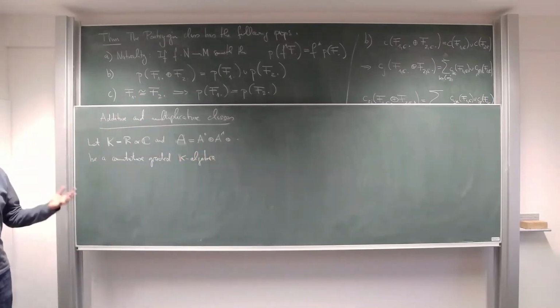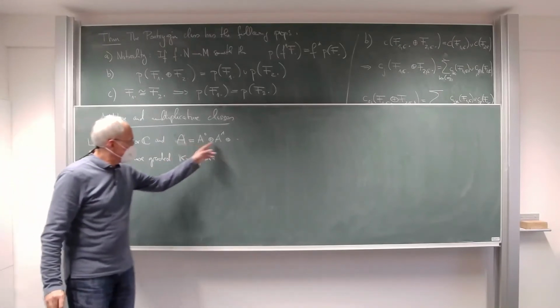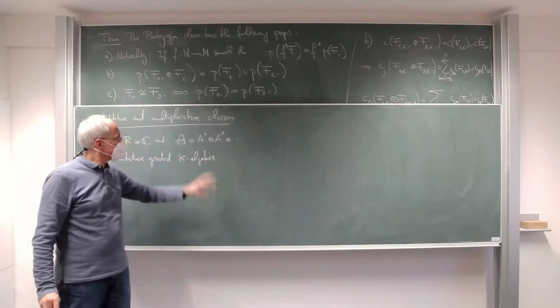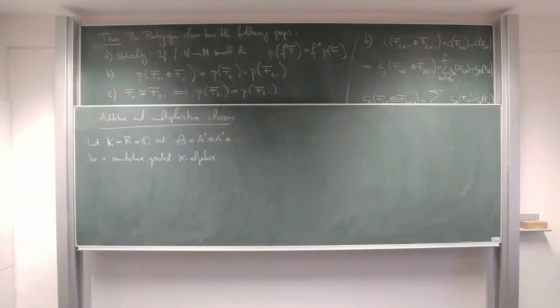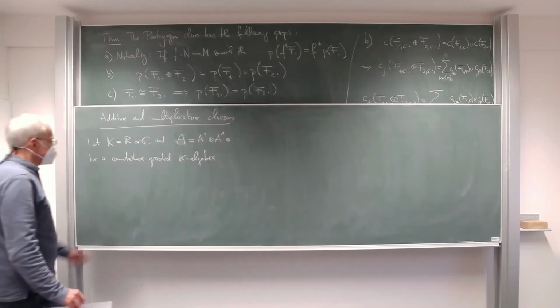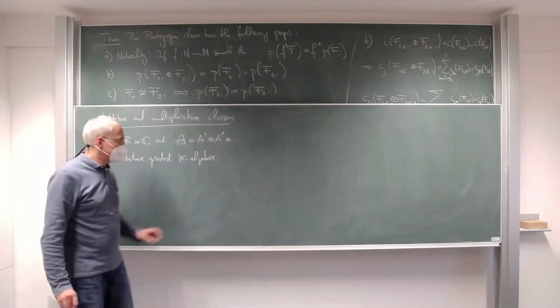It's a K algebra. So it's a K vector space, and this is a vector space decomposition here. So all these A0, A1, etc., are K vector spaces. It's an algebra, so we have multiplication.